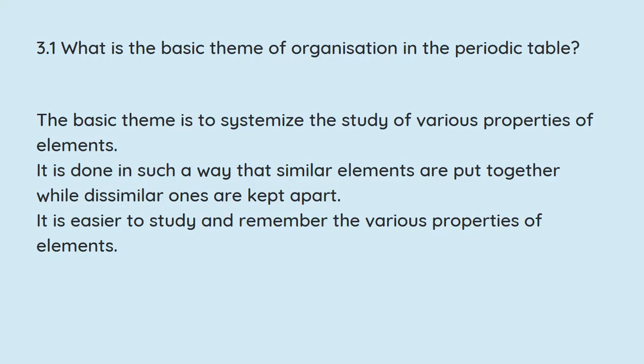If all the elements were arranged in a haphazard manner, it would be quite difficult for us to comprehend, for example, the atomic radius. How can we just say that, let's say, sodium has a bigger atomic radius than chlorine? It's quite difficult to comprehend if it was all random, but because it's arranged in a particular order, it's made it easy for us to understand various properties.